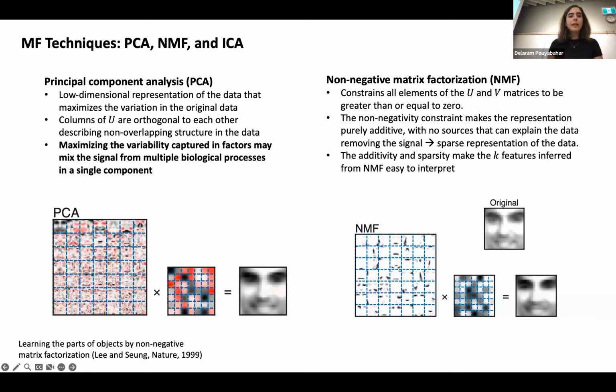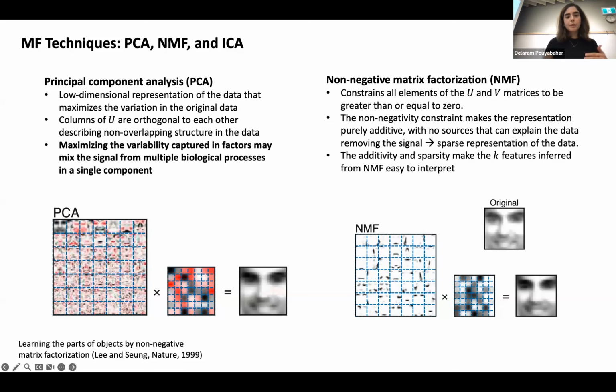This non-negativity constraint makes the representation of the data purely additive, so there's no way to remove signal throughout learning this set of new low dimensional spaces. That usually leads to a sparse representation of the data that's easy to interpret. Interpretability is super important for us when we're studying biology.